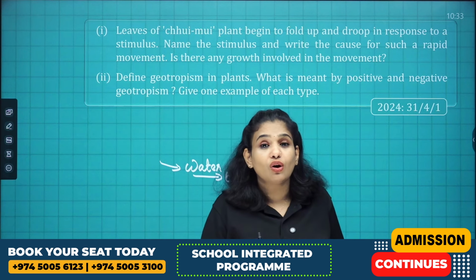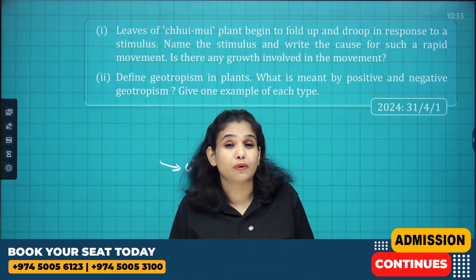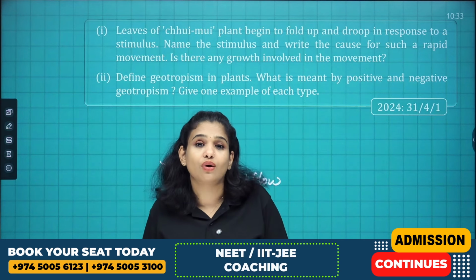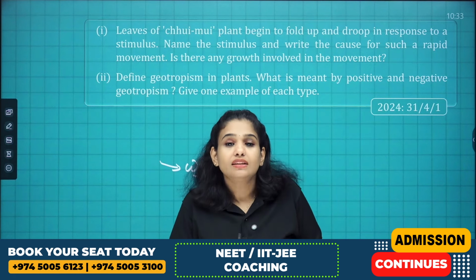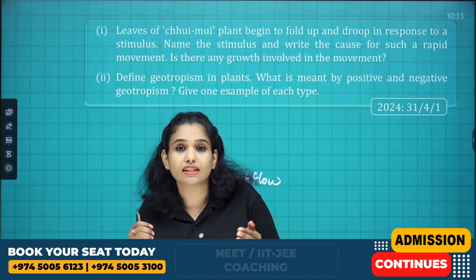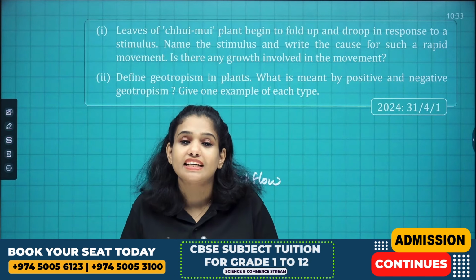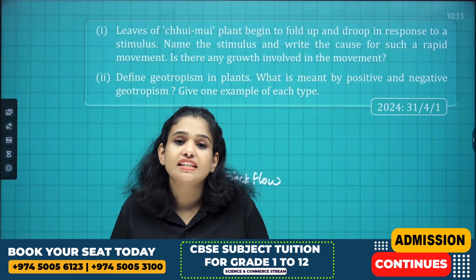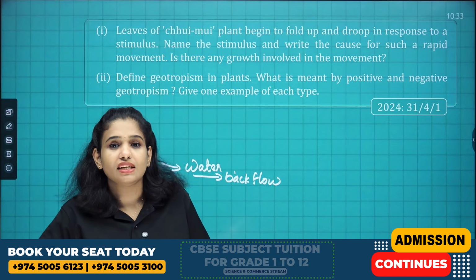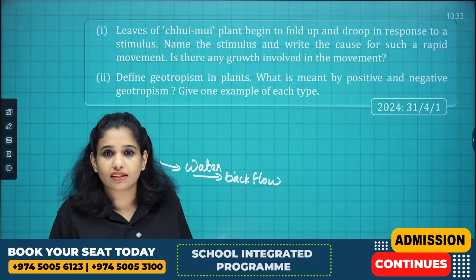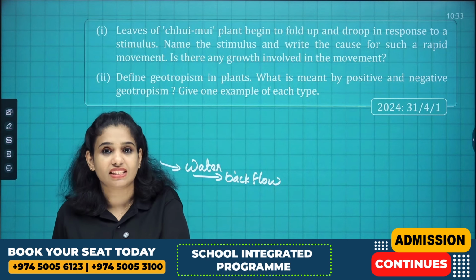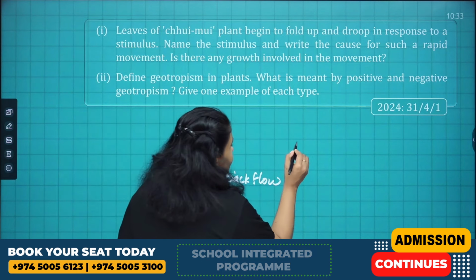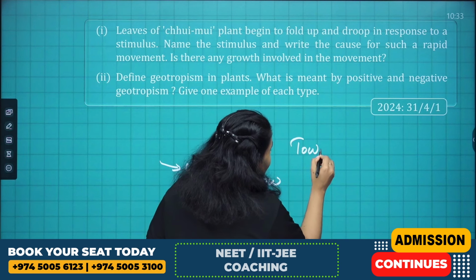Growth of plant part in response to Earth's gravity is called geotropism. There are two types of geotropism, positive geotropism and negative geotropism. Positive geotropism is the growth of a plant part towards Earth's gravity. Towards the gravity.